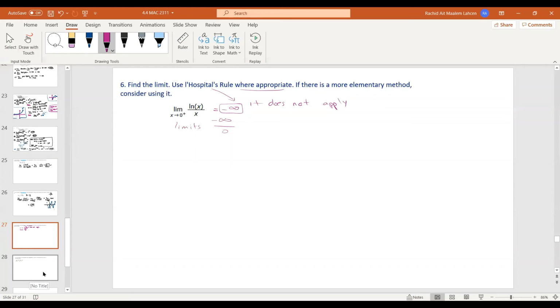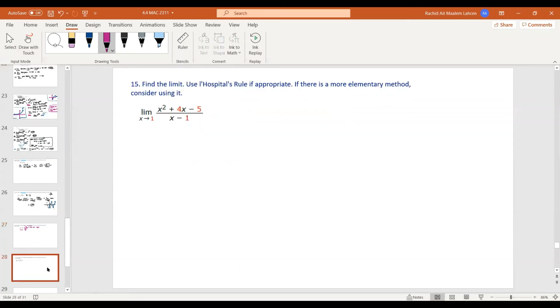So we go back to what we did in the beginning. Similar here, we need to decide if we use L'Hopital or not, but remember the elementary method: if we have that, why not?